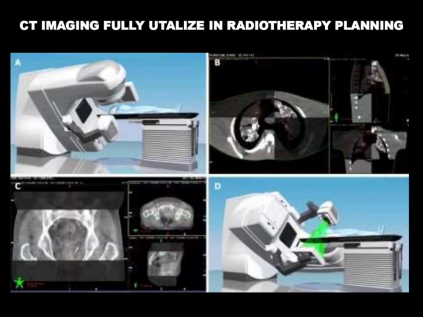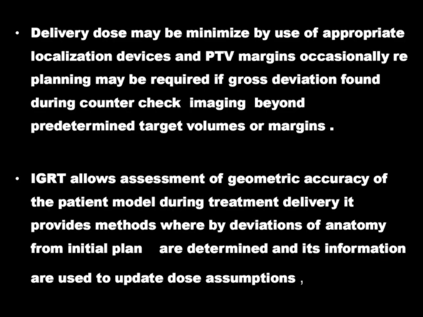That can only be done if you are doing daily online imaging, so that you see the tumor status, response status, as well as you can escalate the dose or readjust the geometric boundaries of a tumor as per the objective response.